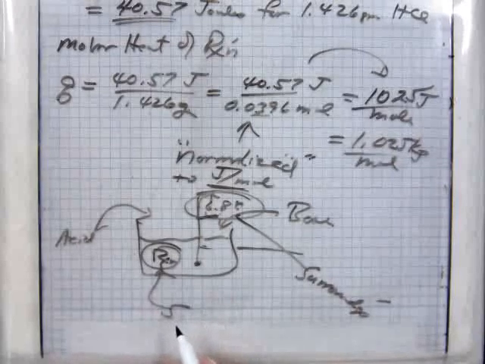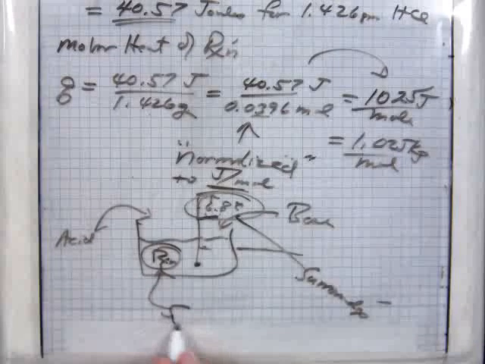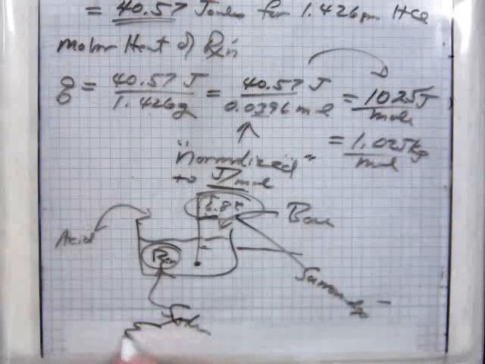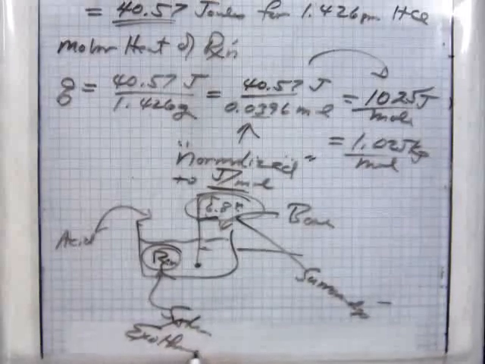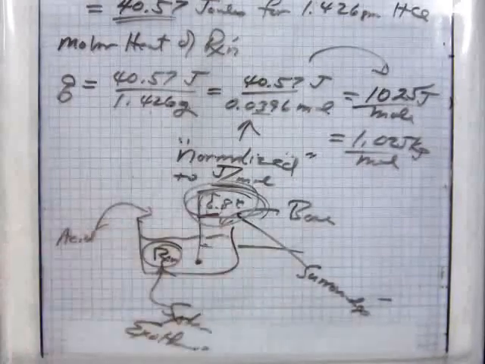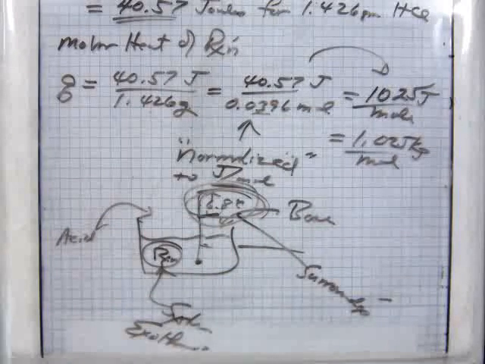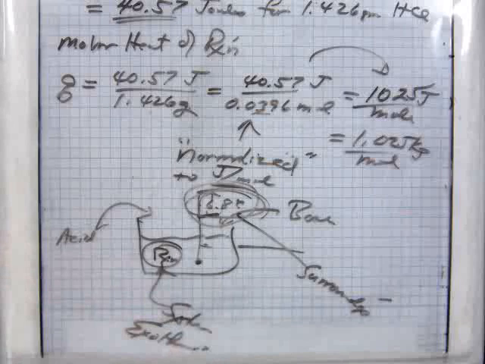What I told you earlier is it's always opposite of whatever the surroundings are doing. The system is exothermic because the temperature is not going to go up in the surroundings unless it gets some heat from somewhere. And the only place to get it is from where? The reaction. So that's why I went through the system, surroundings and heat flow, so that you have that perspective of what's going on. And so that's a good example of that.